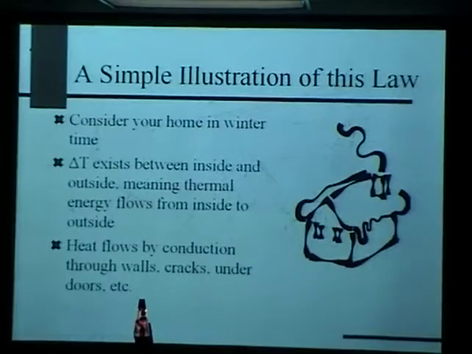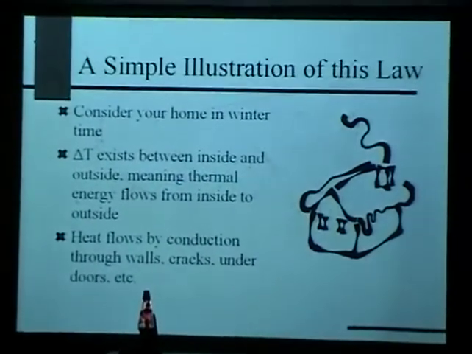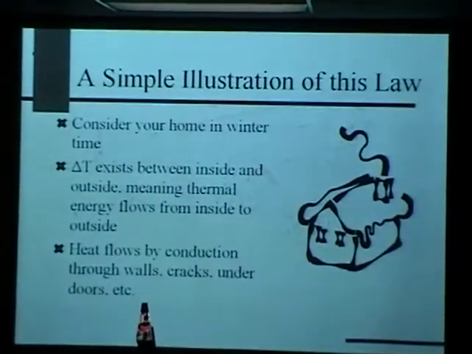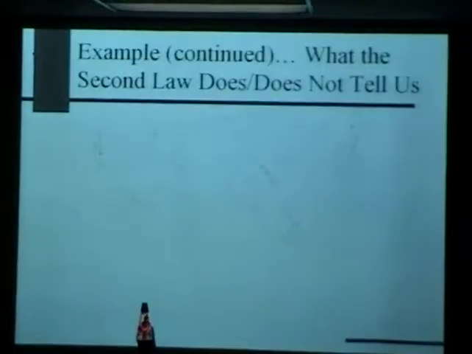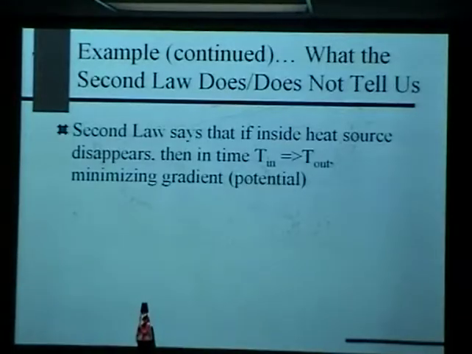Most of this heat transfer takes place by conduction, through your windows, through any cracks in your doors, and the like. Given enough time, if your heat source disappears, you're going to reach an equilibrium between the inside temperature and the outside temperature. Inside your house will be the same temperature as outside.